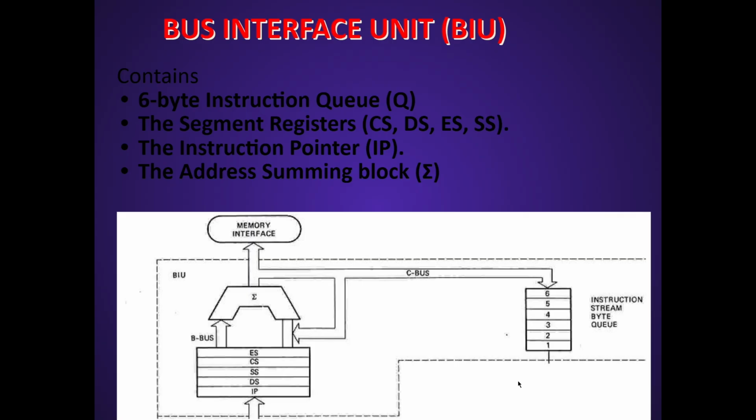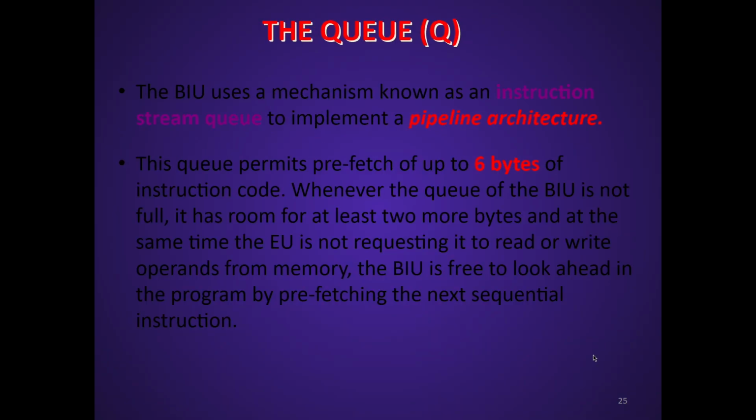Like in normal life we use buses to transfer passengers, here in the 8086 microprocessor we use buses to transfer the instructions. The memory interface is from where the source of memory is fetched for the instruction.